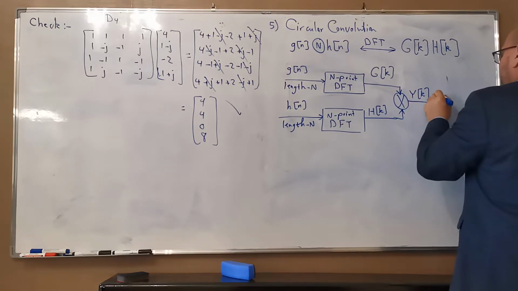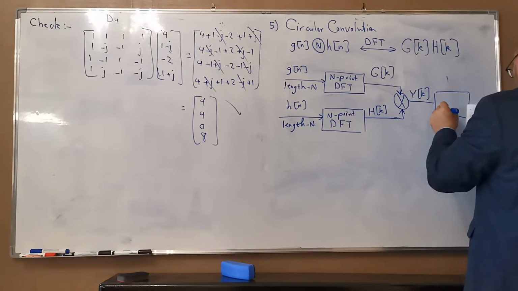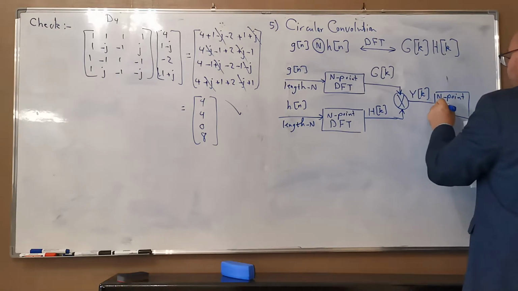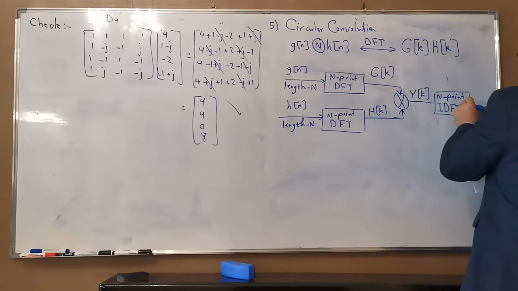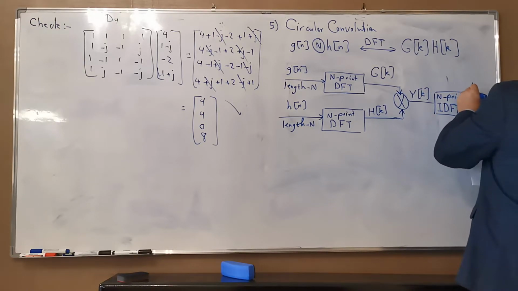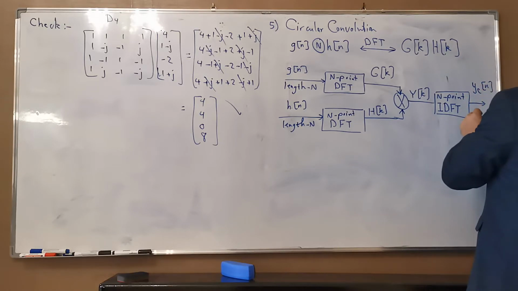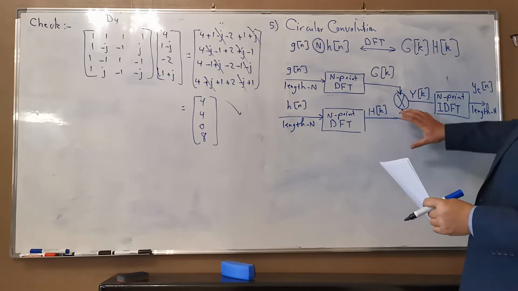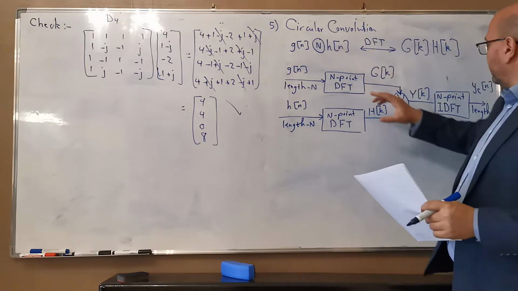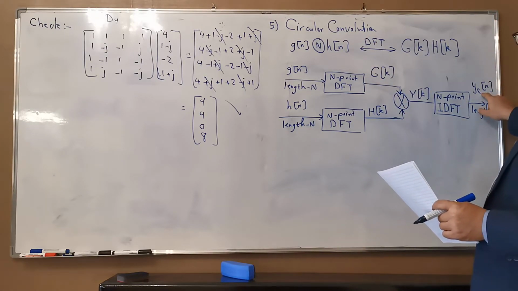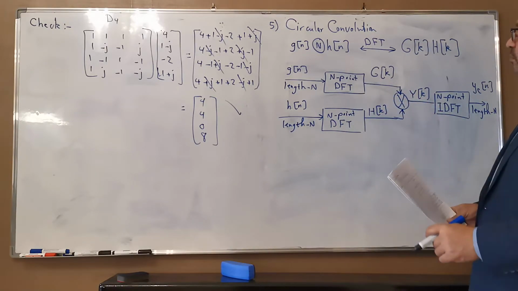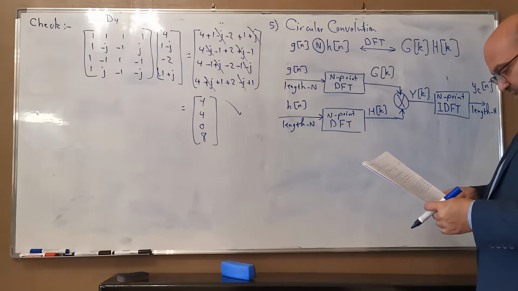And here you have an N-point inverse DFT, and you get the answer here as yc of n, length N also. Okay, so this is a block diagram showing how we can implement the circular convolution in time domain using the DFT theorem for circular convolution, multiplication in frequency.